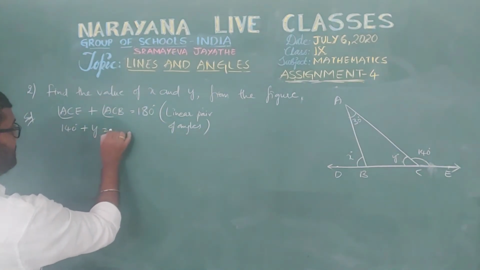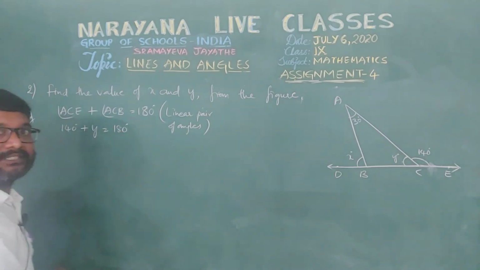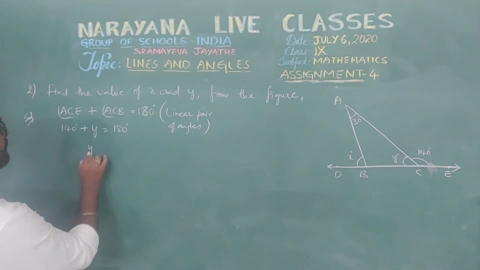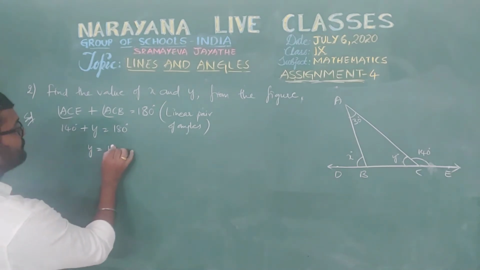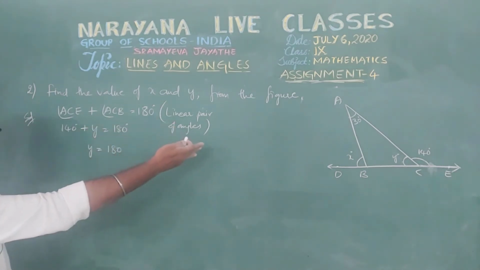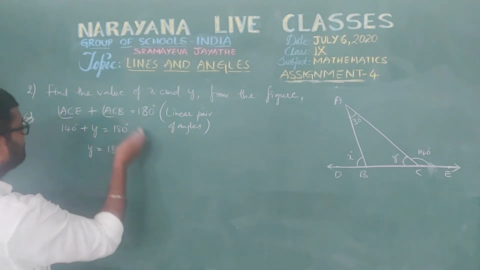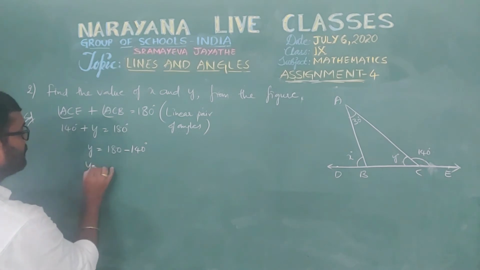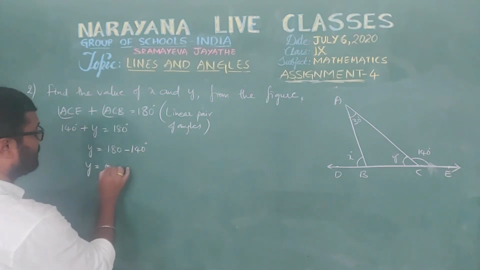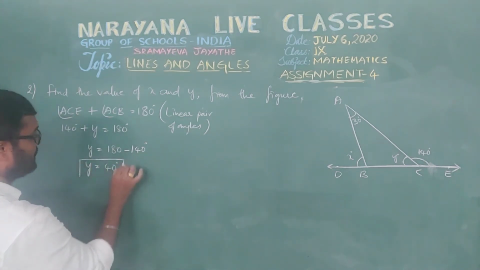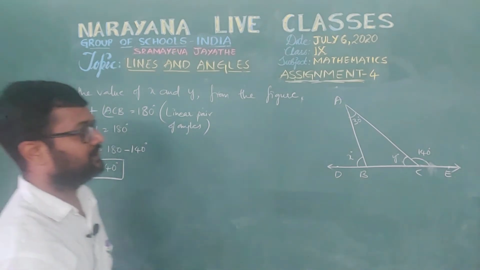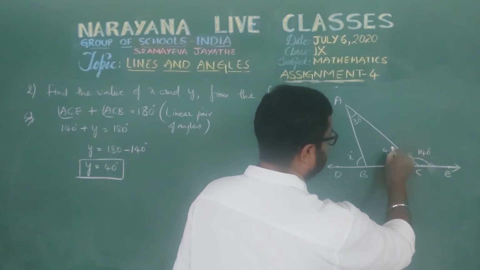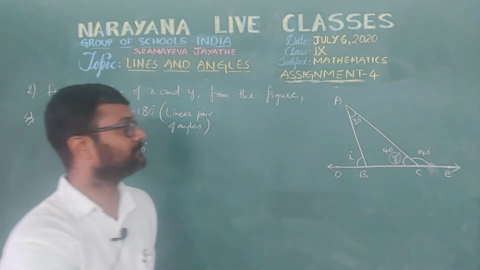Y is equal to 180 degrees, isn't it? Now y is equal to 180 degrees, and this 140 is transposed to the RHS, so it becomes minus 140 degrees. Now y is equal to 40 degrees. That means here this is 40 degrees, isn't it?